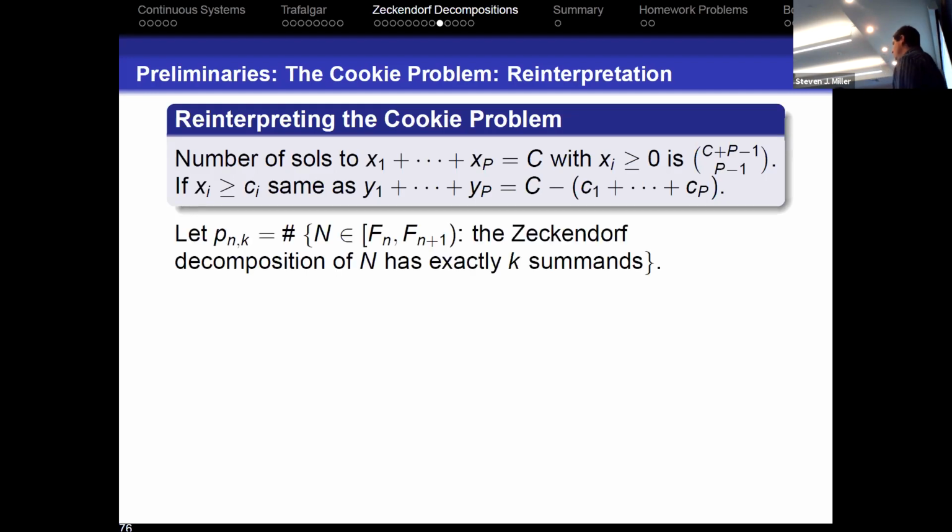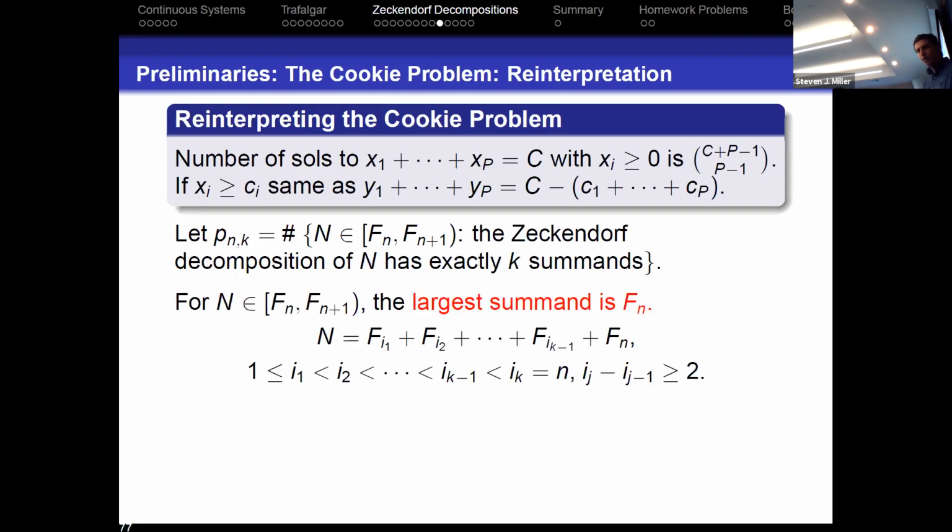You can apply this to Zeckendorf decompositions. So I want to count how many integers between Fn and Fn plus 1 have exactly k summands. Well, the largest summand has to be Fn, and I have k minus 1 other summands. And if I look at the indices i, this is the part where you just kind of look and you don't write down all the details. If I look at all the other indices, each index has to be at least 2 more than the previous, and the first one has to be at least 1.